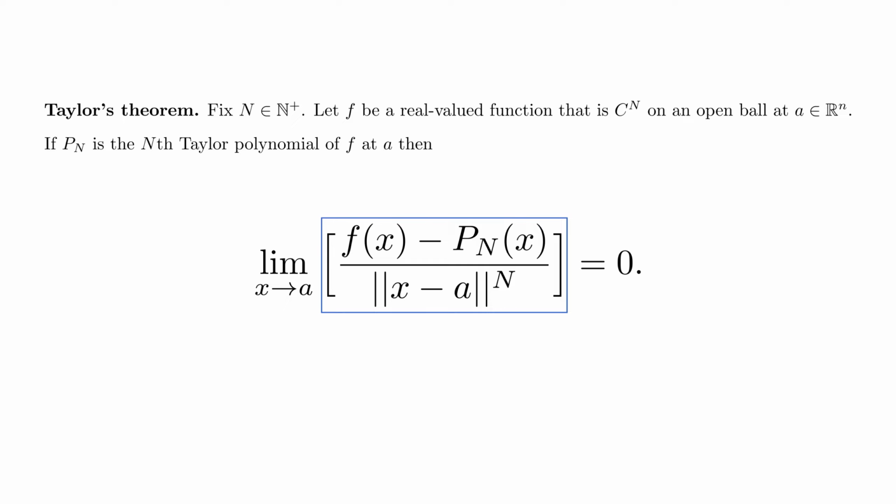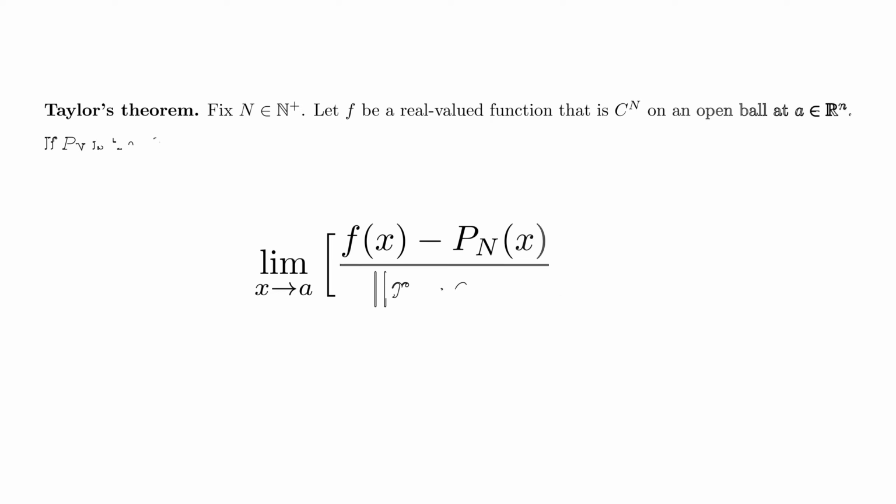Taylor's theorem says that this ratio tends to 0, meaning that the error tends to 0 faster than our benchmark denominator. For example, if n is 100, this error with the nth Taylor polynomial as x approaches a tends to 0 really, really fast. Now, how can we visualize this formal mathematical statement?